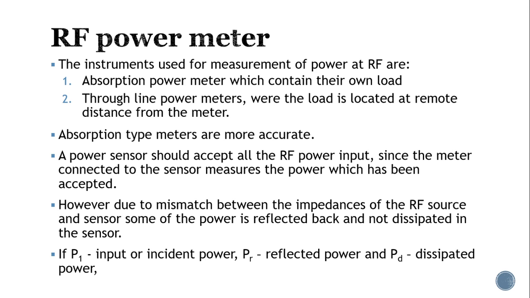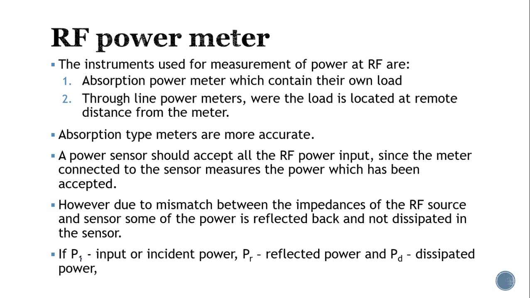But the impedances might not have been matched, and because of this, the power will not be completely dissipated within the sensor. A part of the power will be reflected back, and because of this, your reading will not be accurate. So that will cause some error.